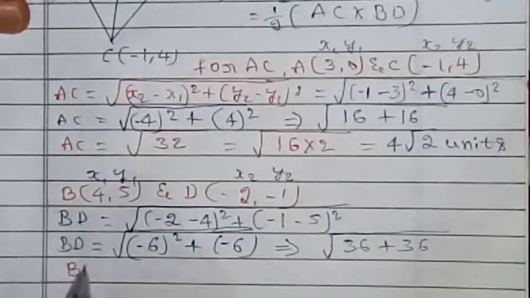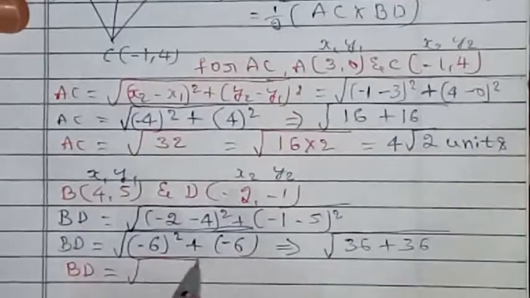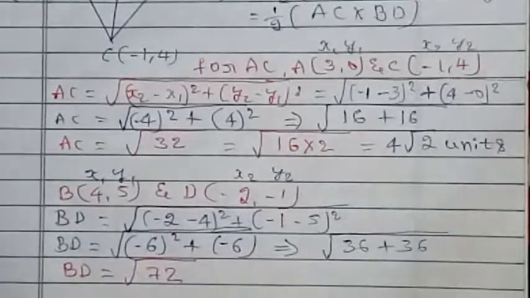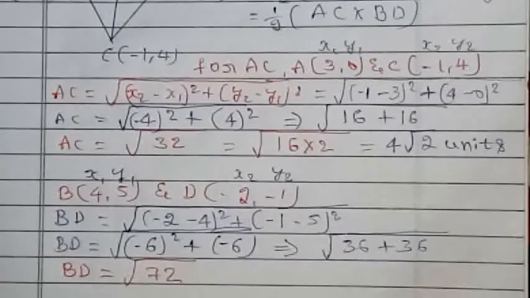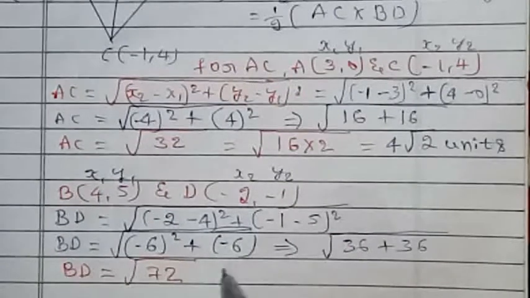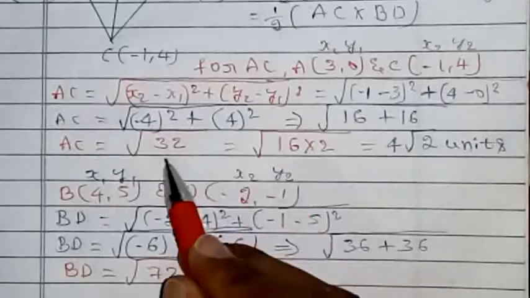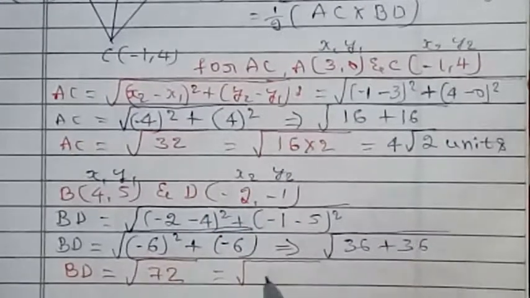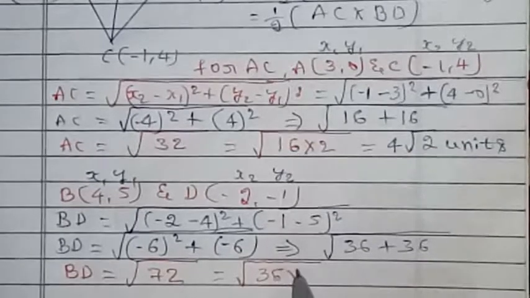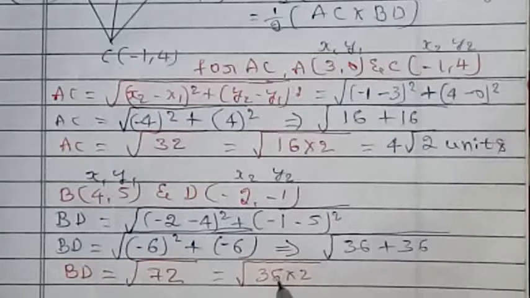so BD is equal to root 36 plus 36, which is root 72, children. Now again here you can split the root 72 as we have done here. So root 72 can be written in the form of root 36 into root 2. Why am I writing like this?